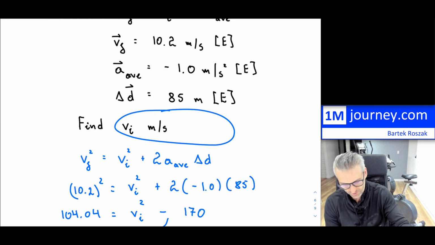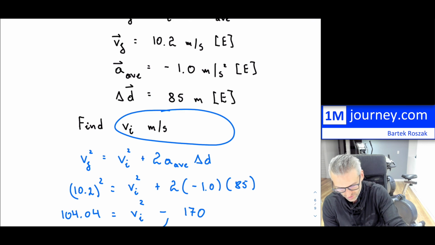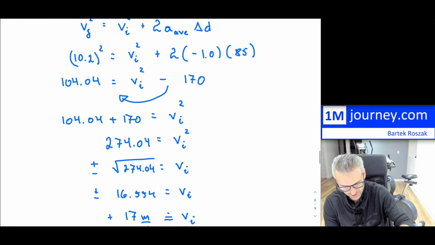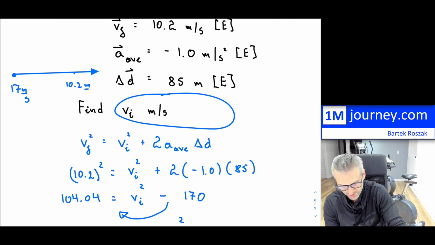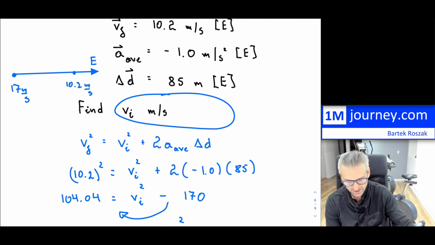So what this would look like is, if you're moving in the east direction, you started off at approximately 17 meters per second, moving east. After a while, you've gotten yourself to 10.2 meters per second, still in the east direction. So visually, you can have that.